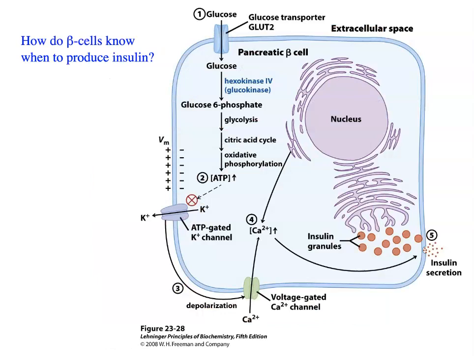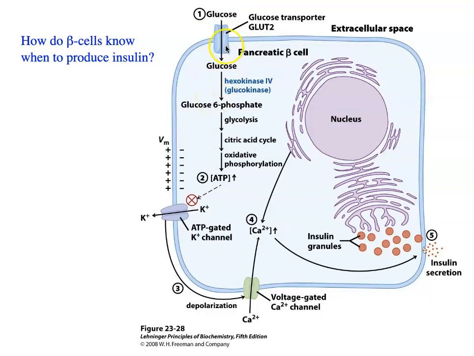A question we can ask ourselves is, how does the beta cell know when to produce insulin? Well, this is actually a fascinating mechanism. I love talking about this mechanism because to me it's really fascinating. When blood glucose level increases and it's above the glucose concentration inside the pancreatic beta cells, glucose enters the cell.